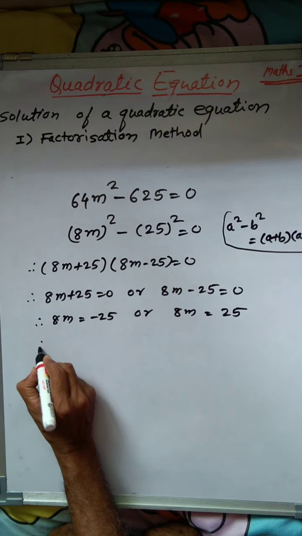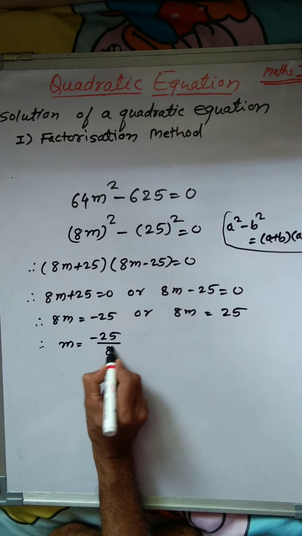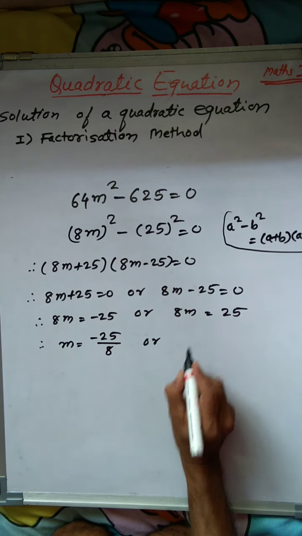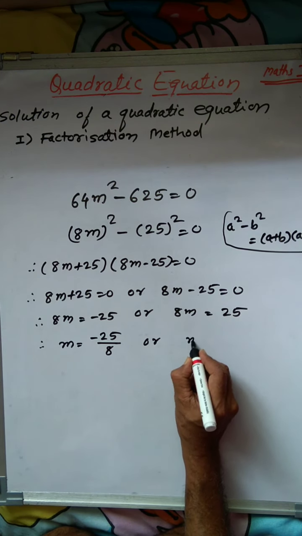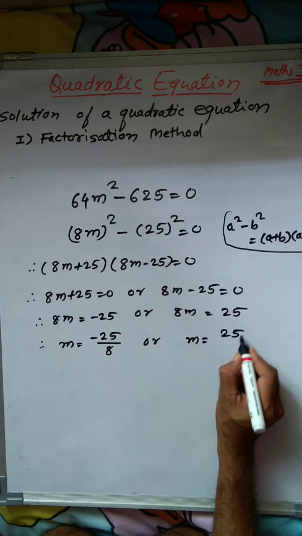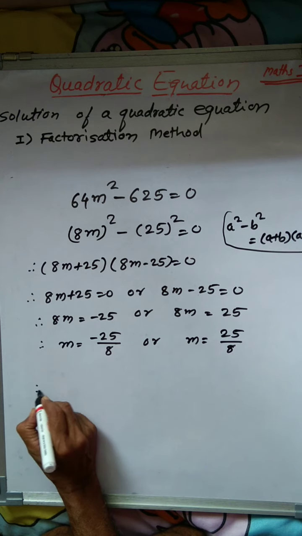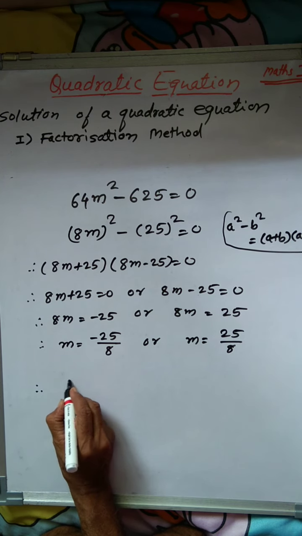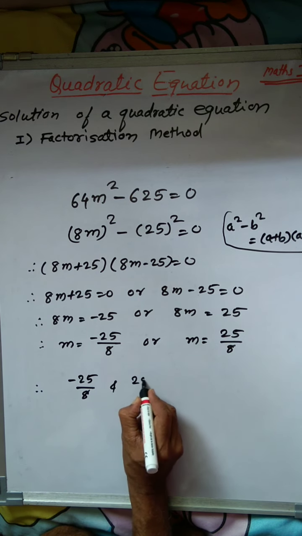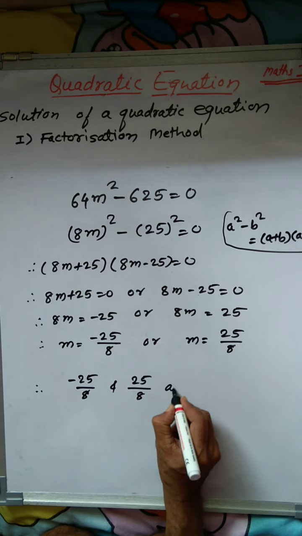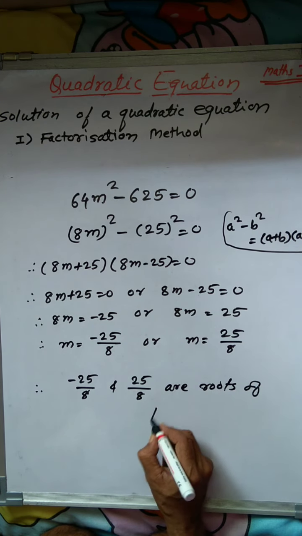Take 8 to the other side, we get m is equal to minus 25 divided by 8 or m is equal to 25 upon 8. Hence our final answer is minus 25 upon 8 and 25 upon 8 are the roots of this equation.